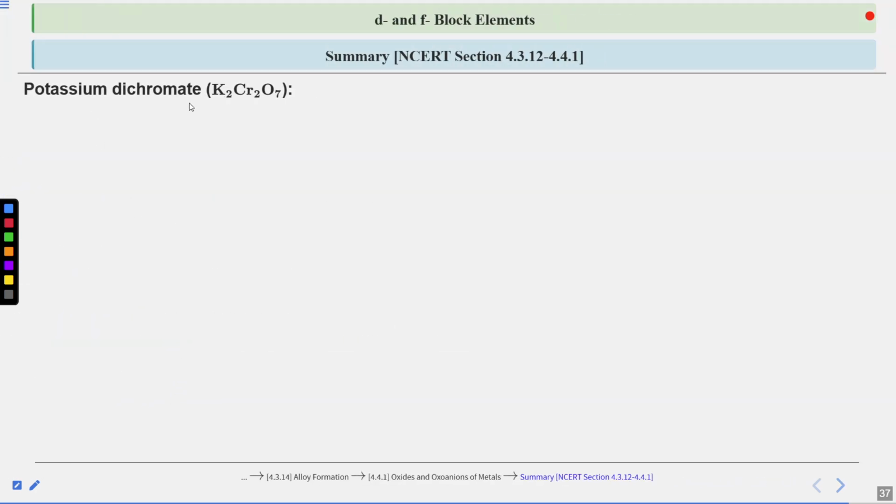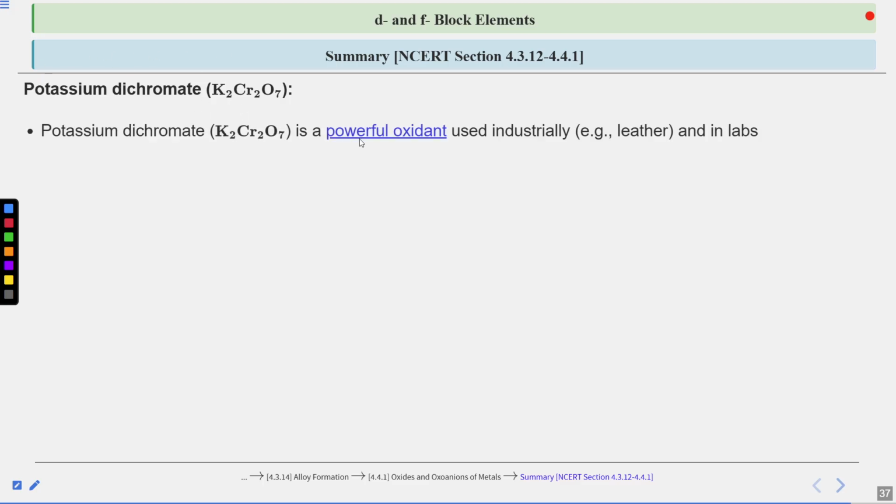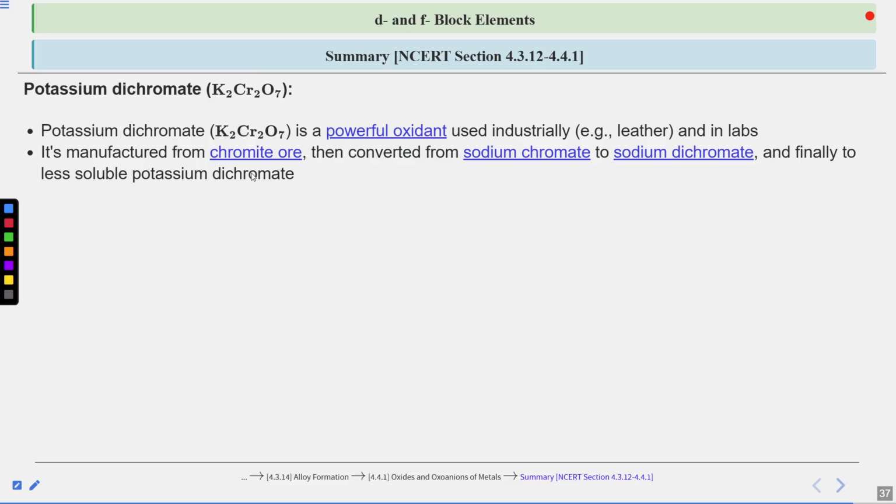Next, we talked about the compound potassium dichromate. This is a powerful oxidant which we use industrially, like in the leather industry, and also in labs. It is manufactured from chromite ore, converted to sodium chromate, then sodium dichromate, and finally the less soluble potassium dichromate.